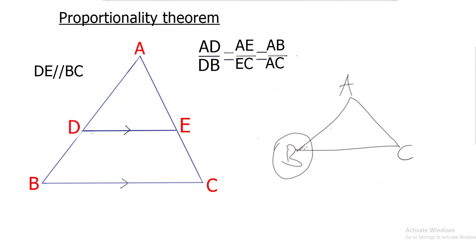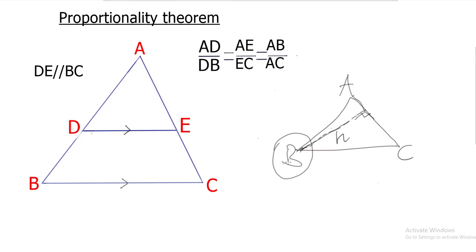So if I draw a perpendicular, I will draw something like this. So this is my base. It depends on which one you choose as your base. So this is a perpendicular, and this became the height.